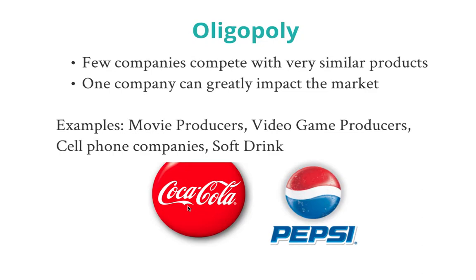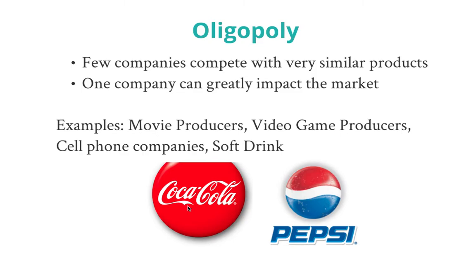Then you have an oligopoly, where just a few companies compete to run the market. Best example is Coke and Pepsi. And you can say, oh, there's other soda producers, but really there's just Coke and Pepsi. The competition for Coca-Cola is Pepsi-Cola. The competition for Mountain Dew, which is owned by Pepsi, is Mellow Yellow, which is owned by Coke.